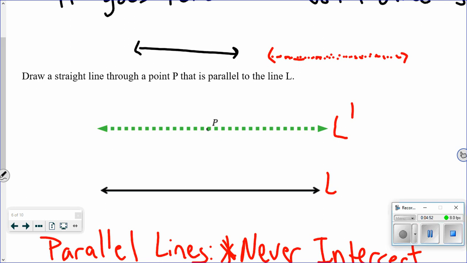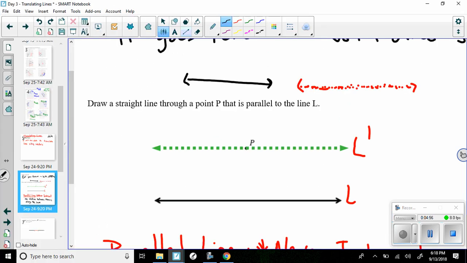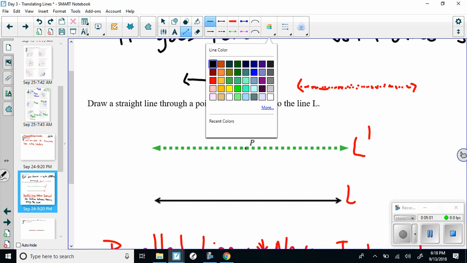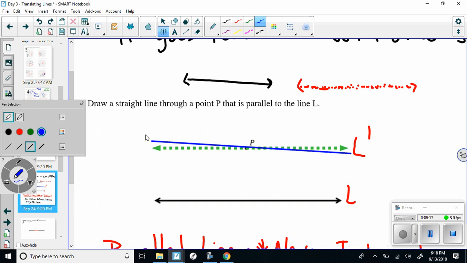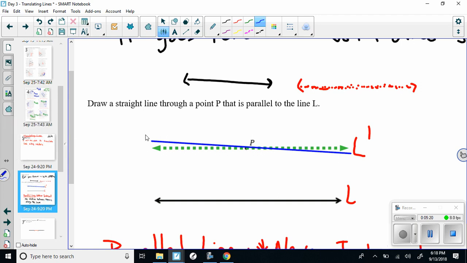So you might have drawn a line that maybe looks something like this. Try to draw a line that's really close to parallel. Since this is the second one, we can call this line L double prime.